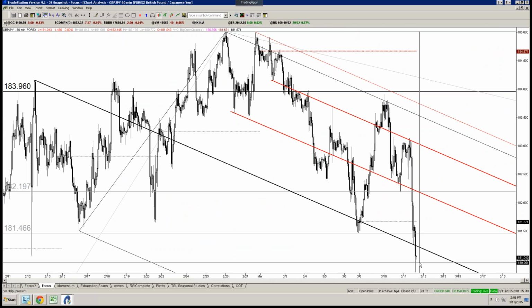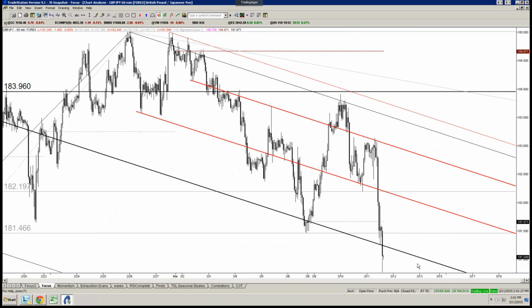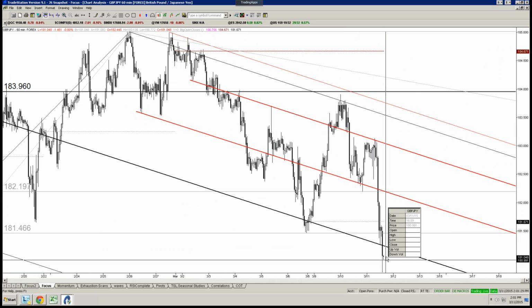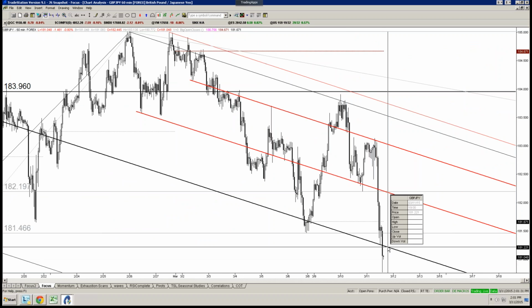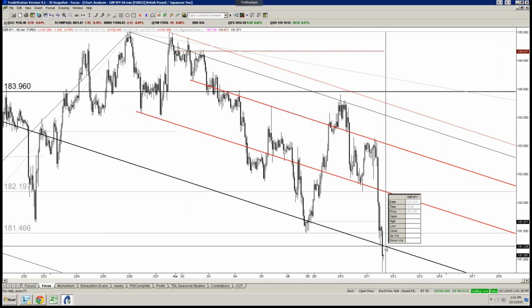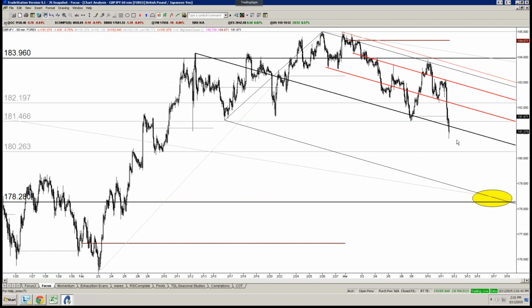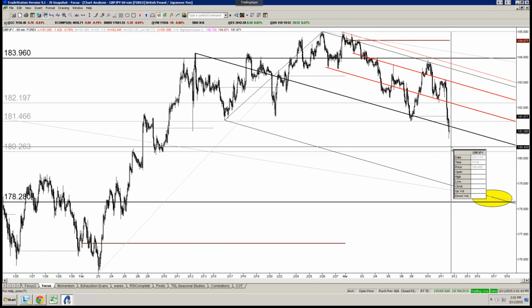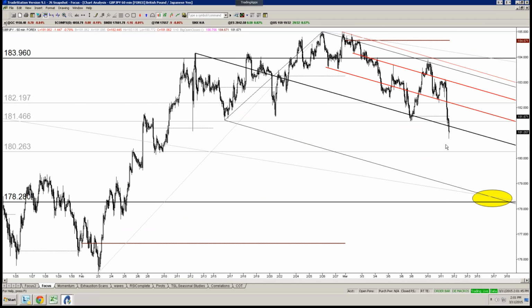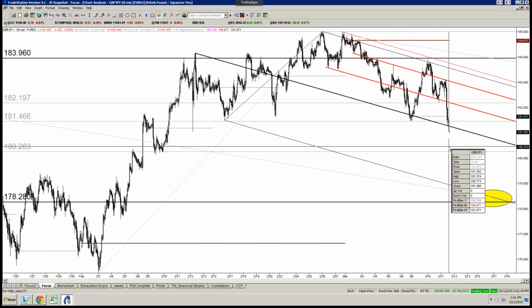Let's say we came back into here, 181.20 or so, would be your level, the resistance there. It's tough to say exactly.